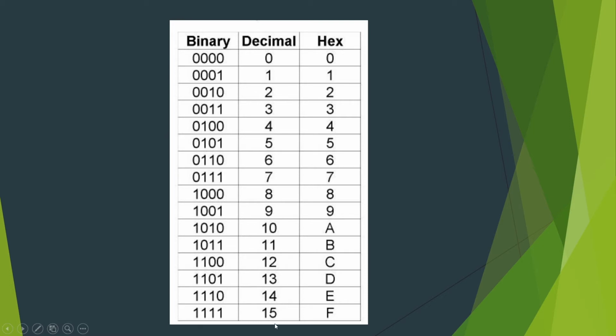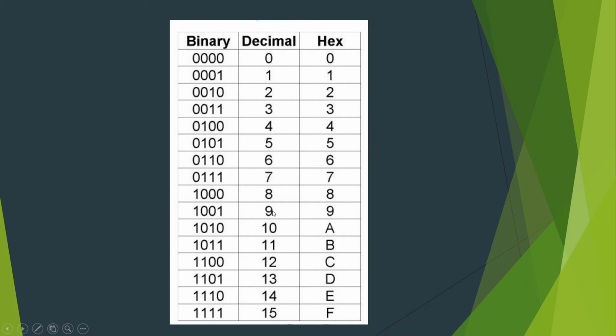After 19, you put the 0 and add 1 to the tens place so that you get 20. In the same way, after 99 you add 1 so that you get 100. It's pretty much repeating these 0 to 9.